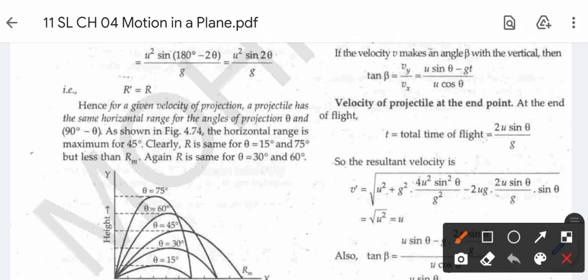Now here g square and g square get cancelled, and here also g and g get cancelled, and it is 4u square, and 2u into 2u is 4u square, and sin square theta, so this whole term gets cancelled. So this is root under u square, and it is u. So v dash is equal to u. That means at the end of the flight, the velocity v dash is equal to the initial velocity, that was u.